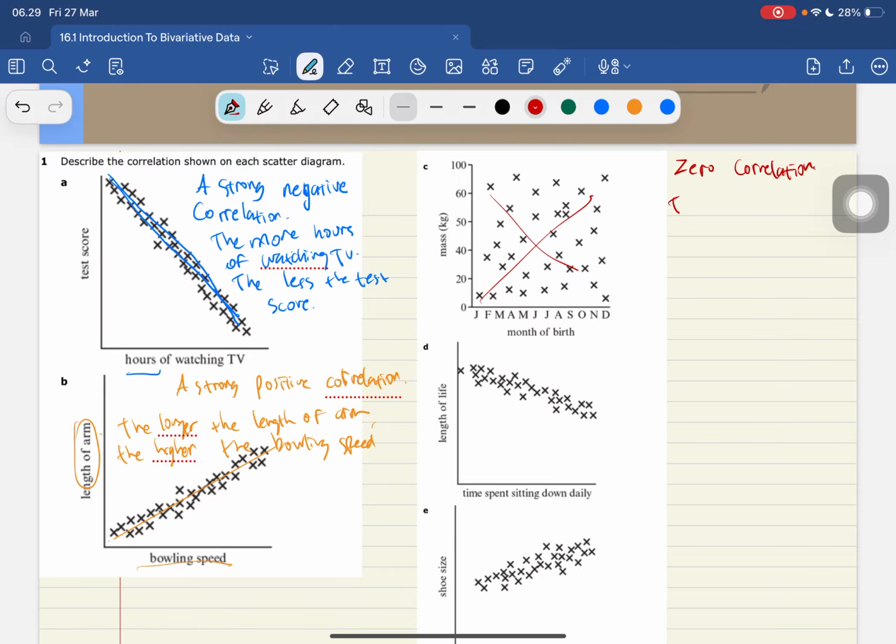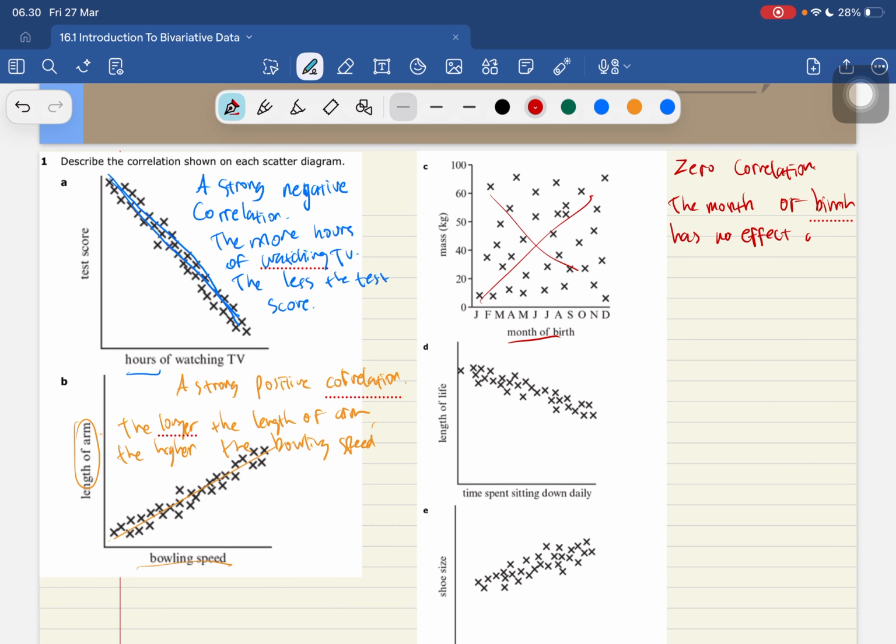So the demand of bird has no effect on the mass. So for the demand and the mass, there is no correlation.